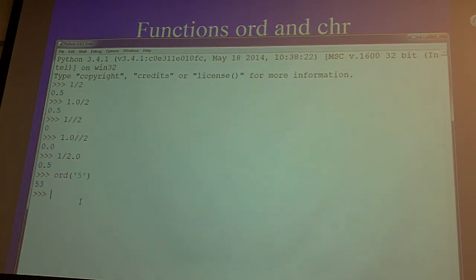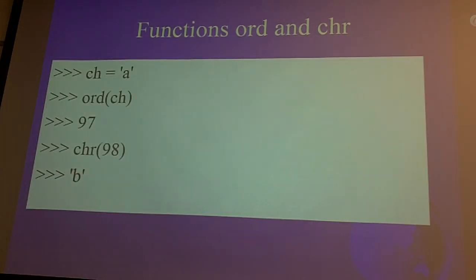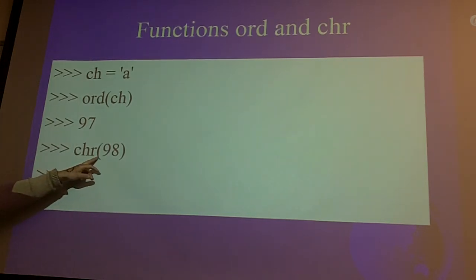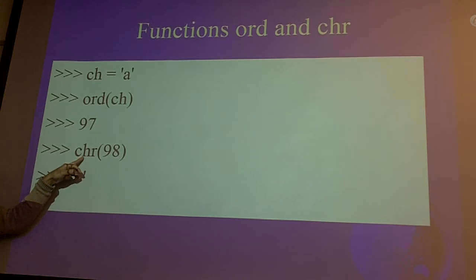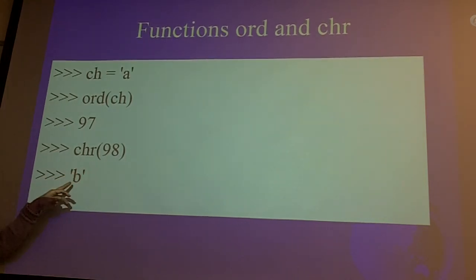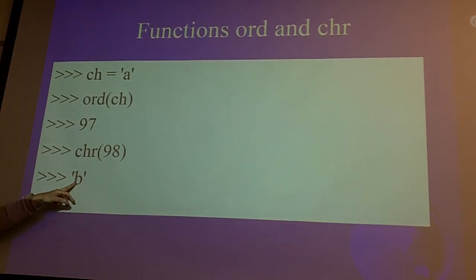And given any number, if you want to know, is 98 the code for something? Type char. This is a function. We call it the char function. 98 happens to be the code for small b, lowercase b.